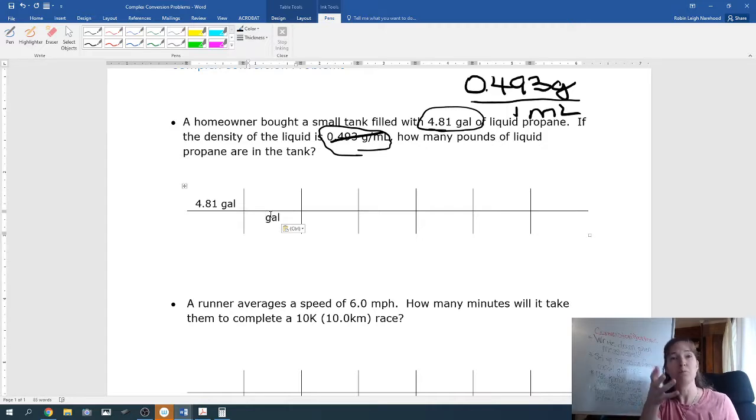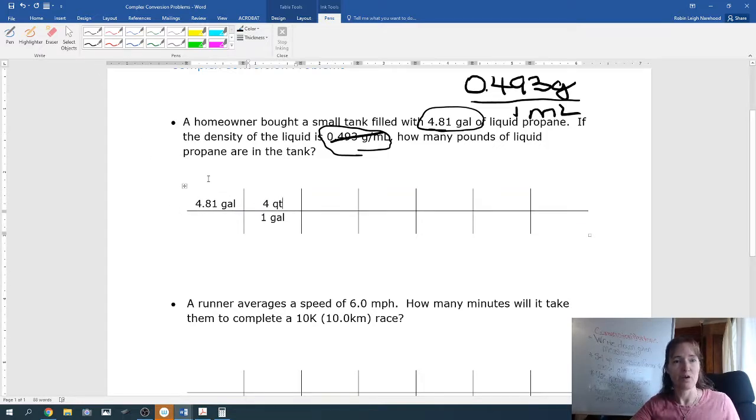And so in this problem, we want to get into the metric system. So yes, we do want to go from gallons to quarts because we want to go from a big unit to a smaller one. And then we can move from quarts into the metric system. And so we have here 4.81 gallons. We have gallons on top and gallons on the bottom.